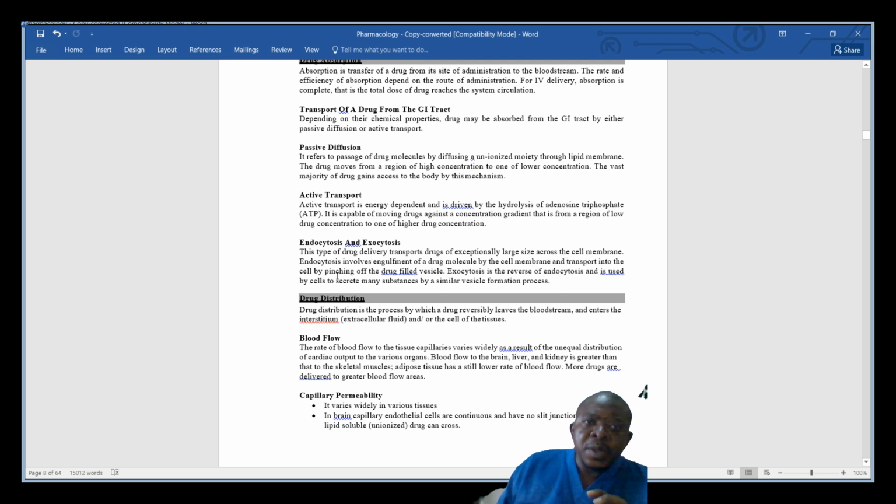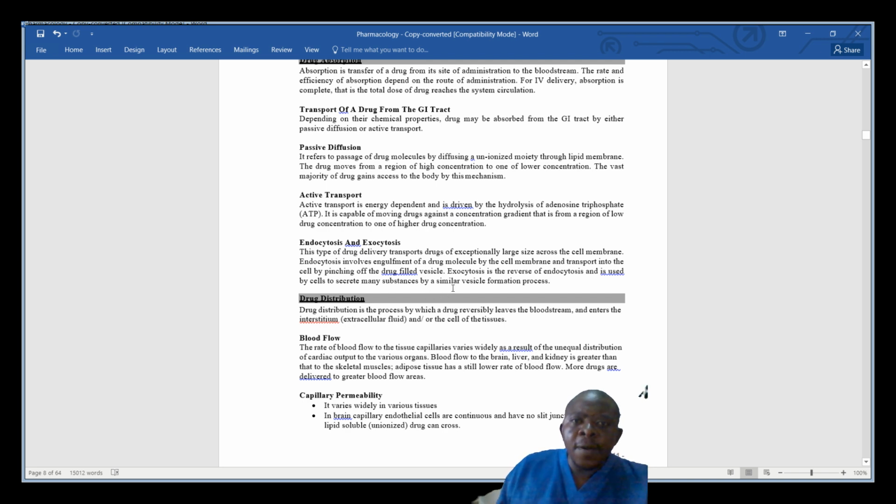When you talk of endocytosis, it involves engulfment of a drug molecule by the cell membrane and transport into the cell by pinching off the drug-filled vesicle.